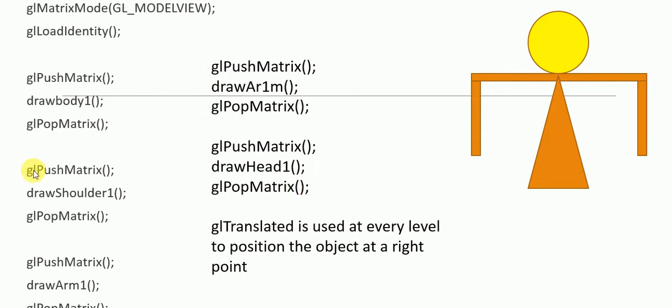So as a child matrix to the body, you have drawn shoulder and arms. There are two arms. So this becomes a child matrix to the parent matrix. This is the use of push matrix and pop matrix.